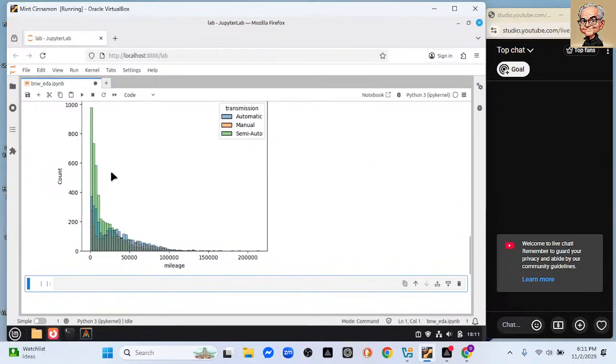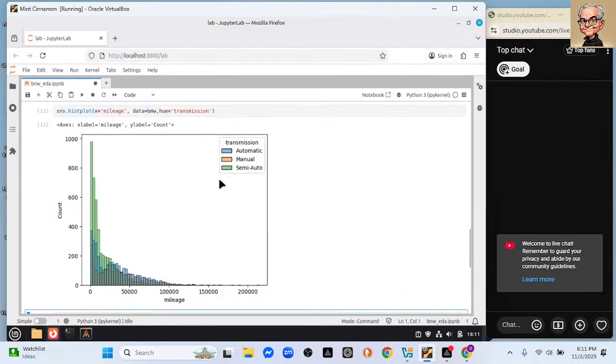This is sort of interesting, isn't it? You can see, so this would be the count of the occurrences for each one of these transmission types. You can see the highest count is for the semi-automatic. So that's kind of interesting, isn't it? Let's go over here.